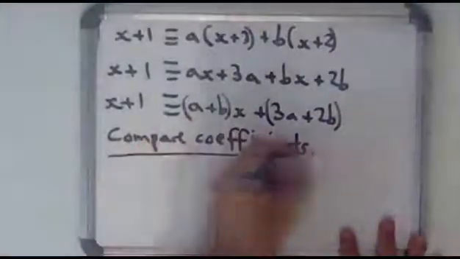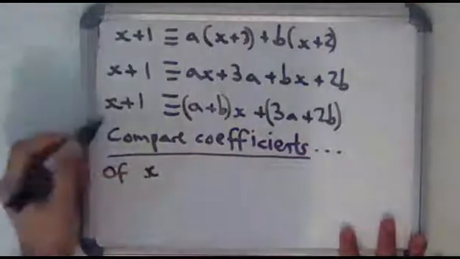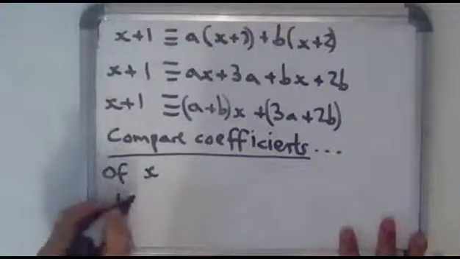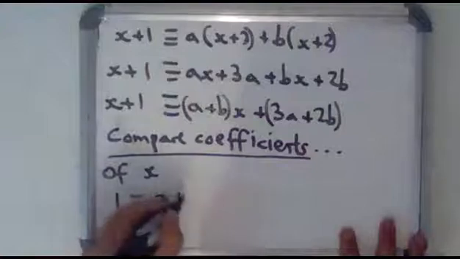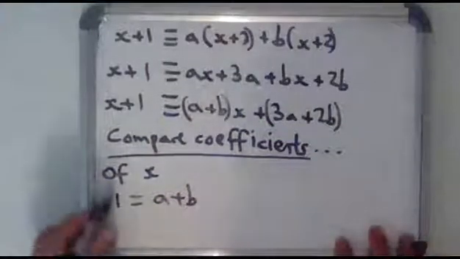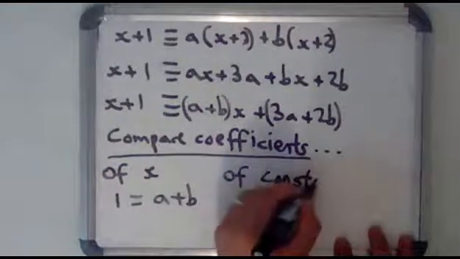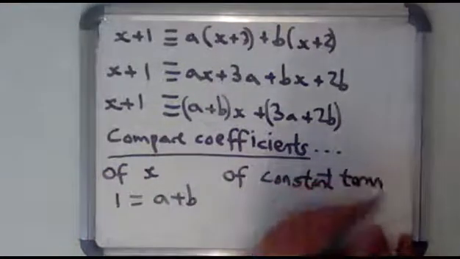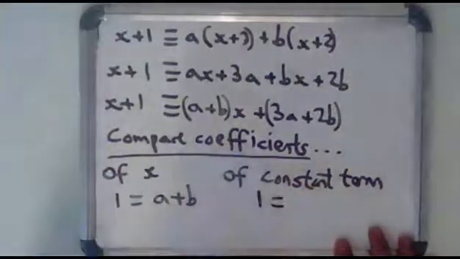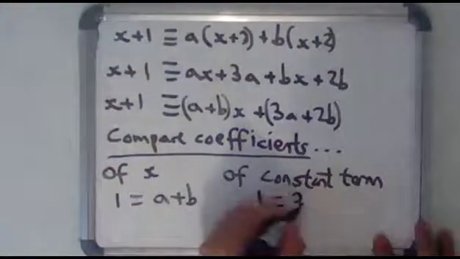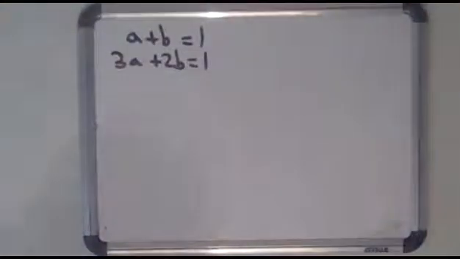So if we compare coefficients of x, on the left hand side we've got 1x, so 1 equals, on the right hand side we've got A + B. If you do the same for the constant term, well, the constant term is also 1, so 1 equals 3A + 2B.